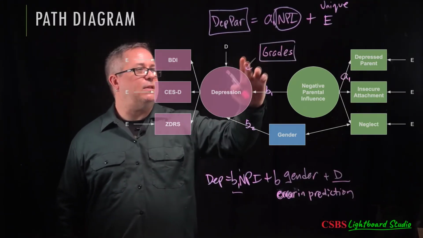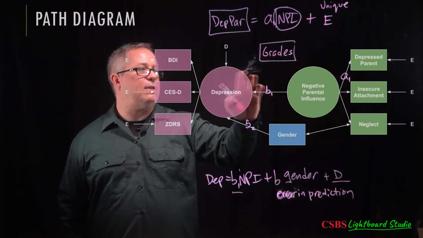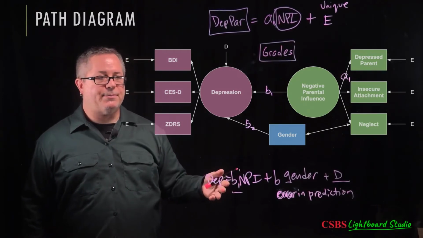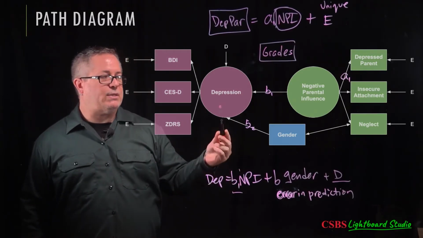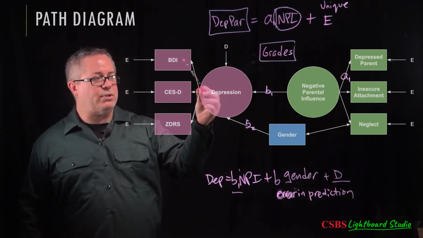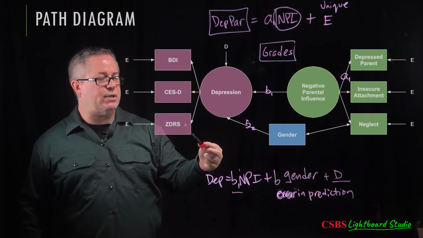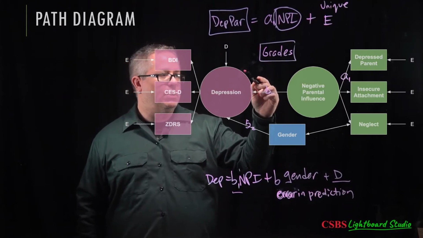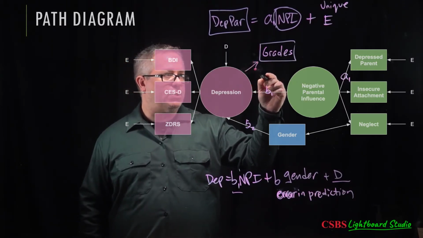However, let's say I have a hypothesis where I think that as kids become depressed, it affects their grades. So I set up a measurement model for depression using the Beck Depression Inventory, the CESD, the ZDRS, and I create this factor. And I think, okay, I now want to predict grades with depression. I want to go that direction.